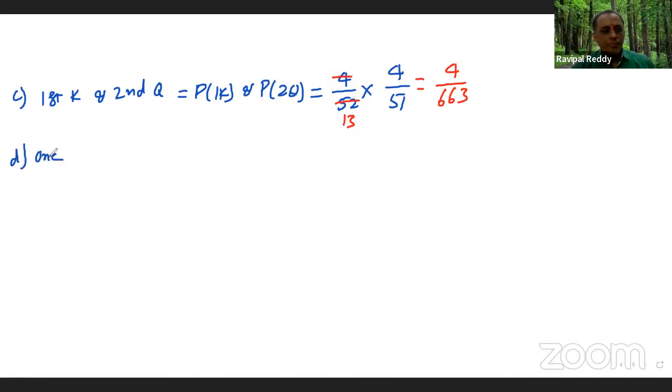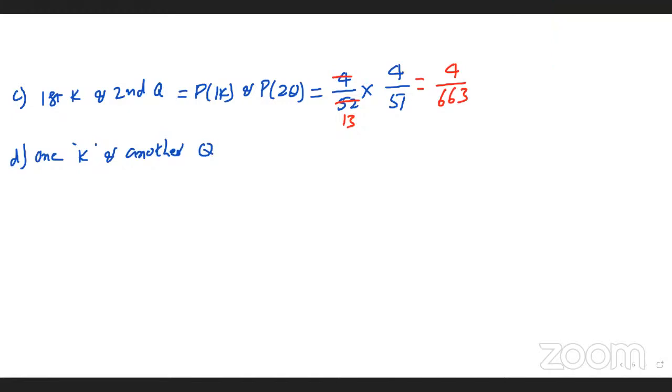Question D. One card is king and another card is a queen. What is the probability? One card is a king, another card is a queen.